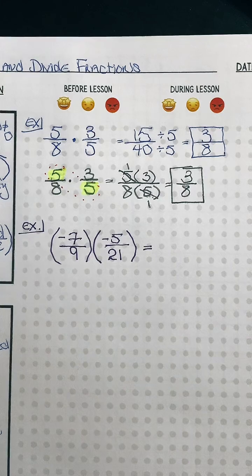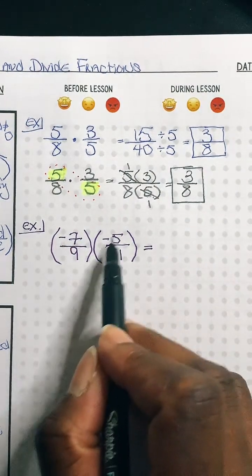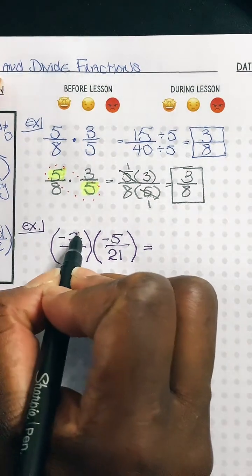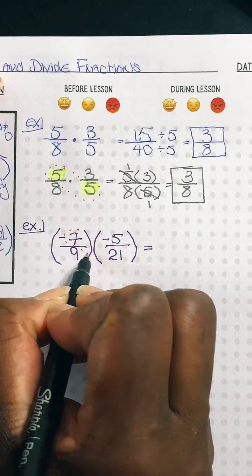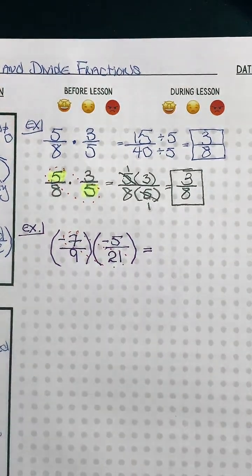So now take a look at your diagonals. Are there any numbers that we could simplify? Okay, Cash is saying cross simplify. Yes, but when am I cross simplifying, Cash? The 7s. Yes. Okay, so I got my 7 and I have my 21. Okay, so they both have what in common?